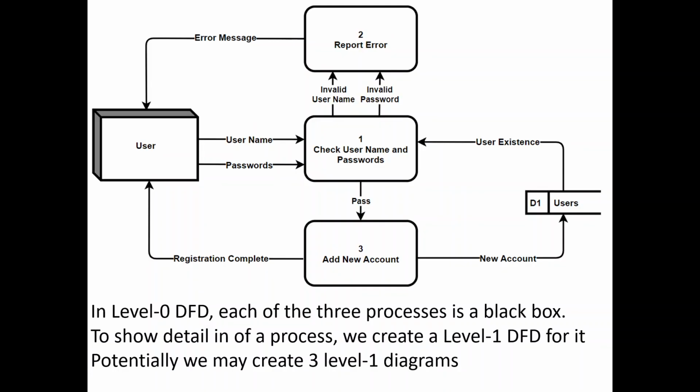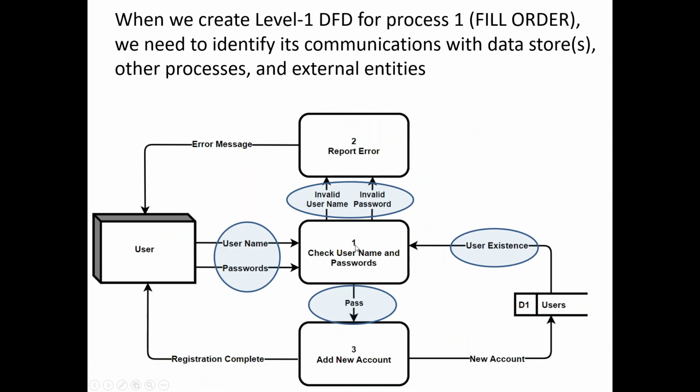In the level 0 diagram, we have 3 processes: process 1, process 2, and process 3. We may decompose each of them to create a level 1 diagram. So we may have 3 level 1 diagrams. For example, we want to create a level 1 diagram to show detailed information regarding process 1.